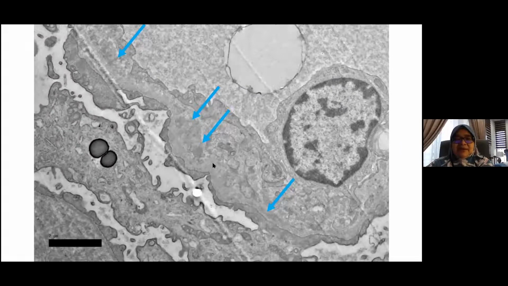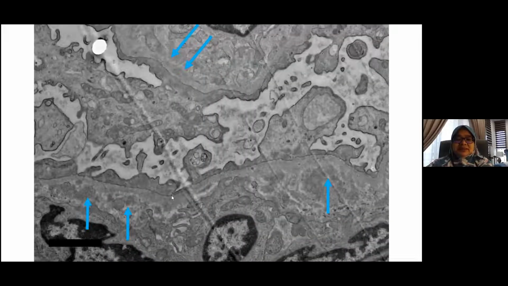If we look at high power, can you appreciate the deposition beneath the endothelium, and again the similar interpositioning of the mesangial cells. We can see the subendothelial depositions, electron dense deposits.